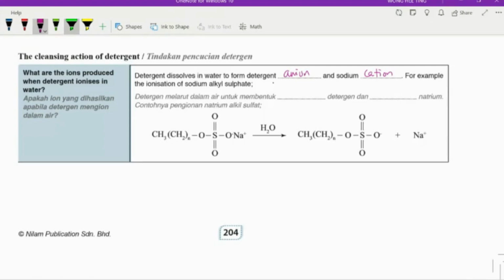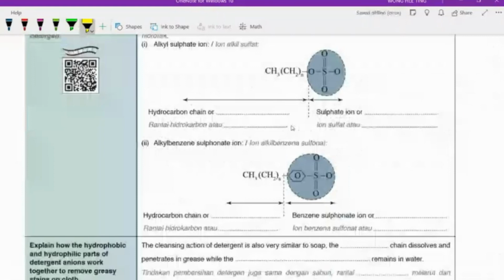Okay, so here we can also specify. So this is the head, and then this is the tail. Okay, but the function is the same. So the structure of the detergent: you can see this one is called what?